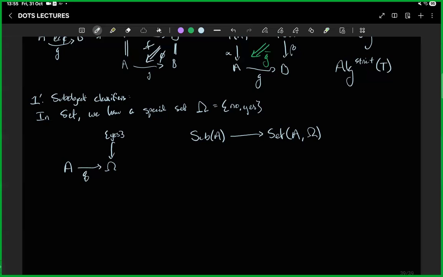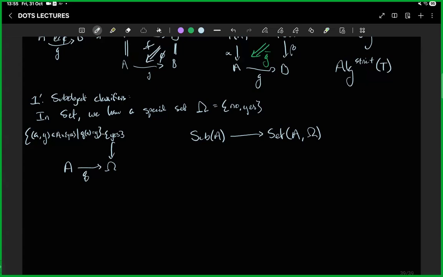And if I form the pullback, the pullback here is the set of elements a in A and y in {yes}, and let's say (a, y) in A times {yes}. This is a ridiculous way to write it, but such that, this is just a computation of the pullback, Q of a is equal to y.